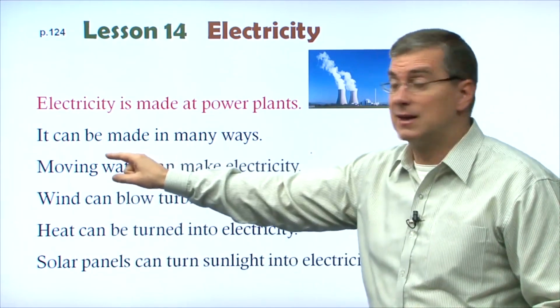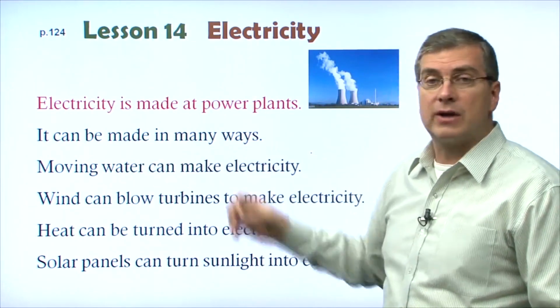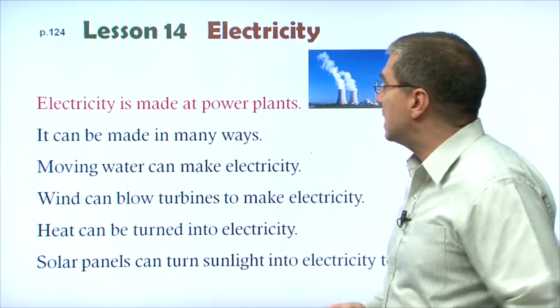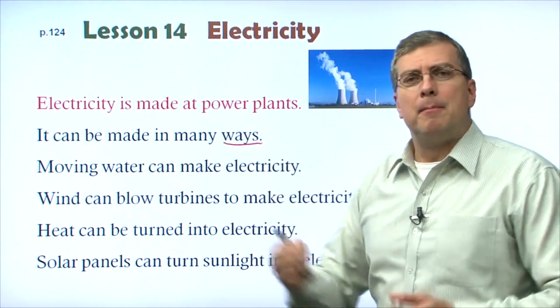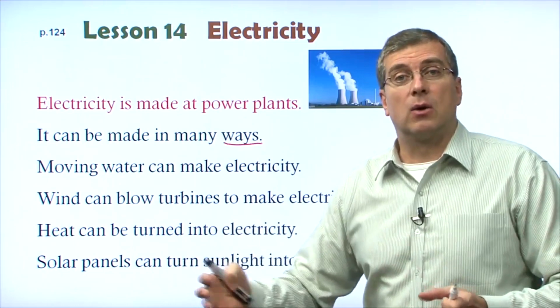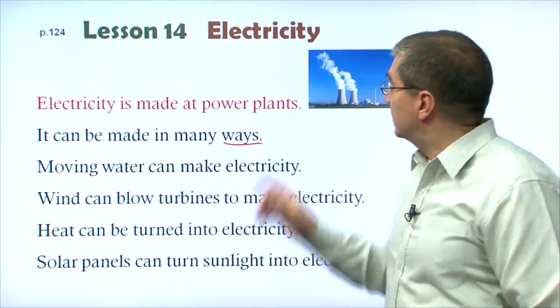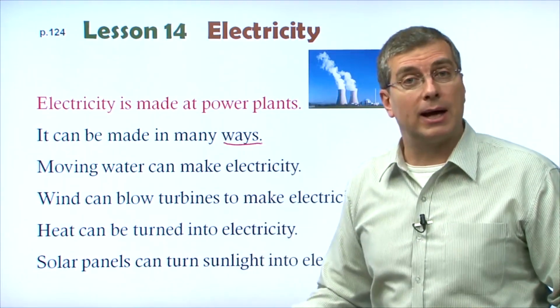That's our next sentence. It can be made in many ways. We can make electricity. There are many ways. Many ways? Many different methods or different ways to do something. So this is one way. What are some other ways?